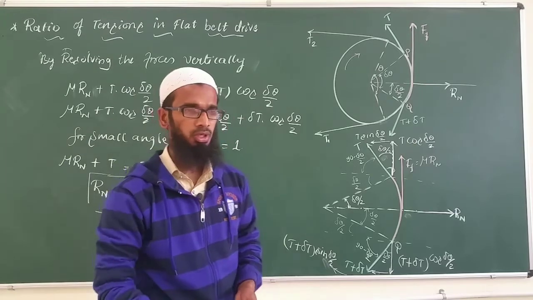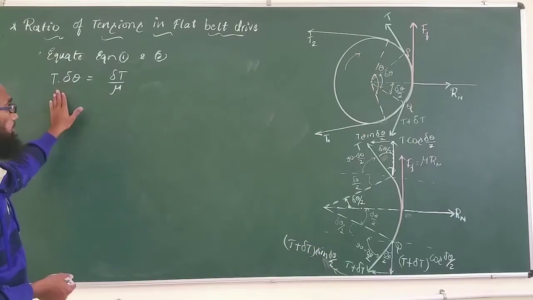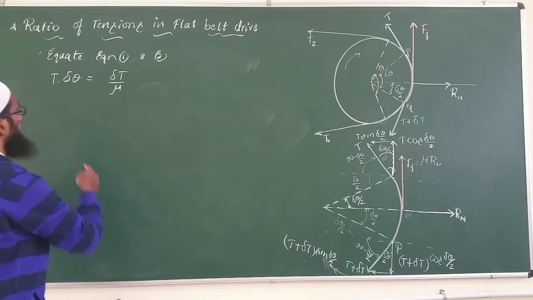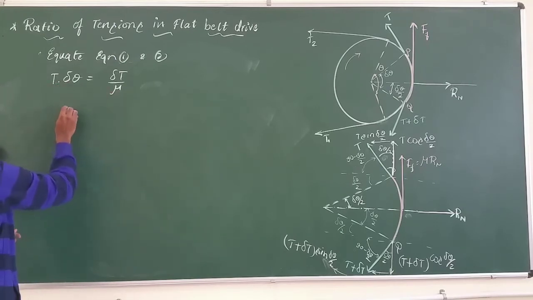Now this is the equation 2 we have got by equating the components of the forces in the vertical direction. Now we equate equation 1 and equation 2 and simplify this part. So this T I'll cross multiply here, and this μ I'll take to the left hand side.